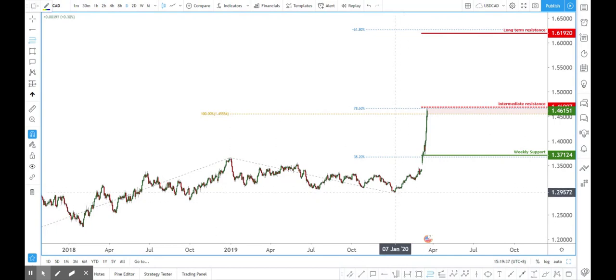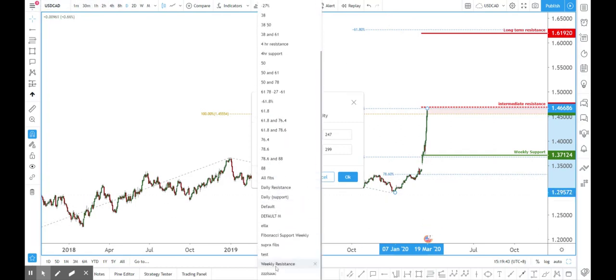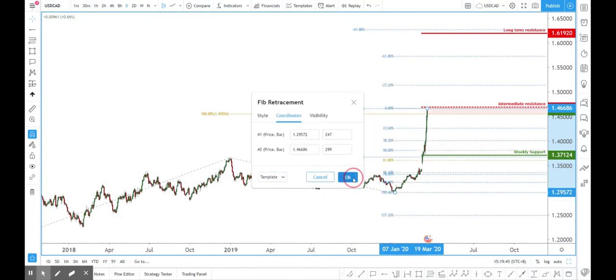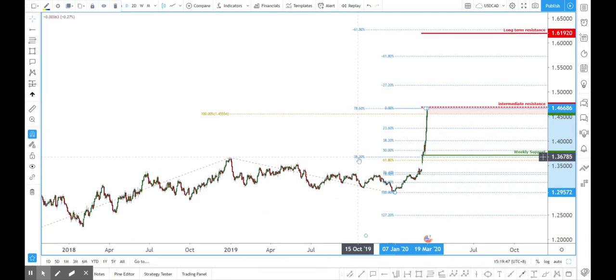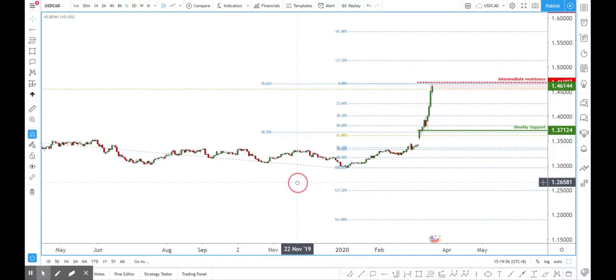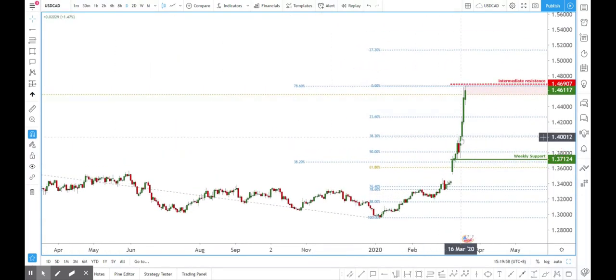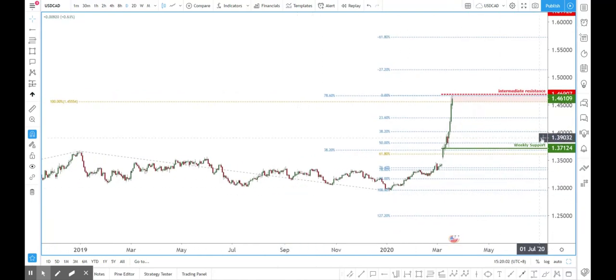So I'll take a retracement from the swing low all the way to where price reached the high, and I'll open up all the Fibonacci ratios. And we see that the weekly 38.2 falls close to the daily 61.8 Fibonacci retracement. And if I were to zoom into this area, there seems to be a graphical 38.2 retracement as well.